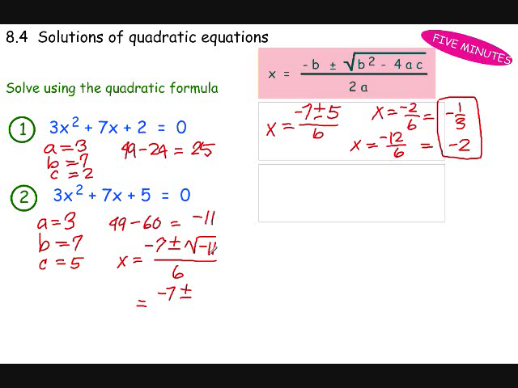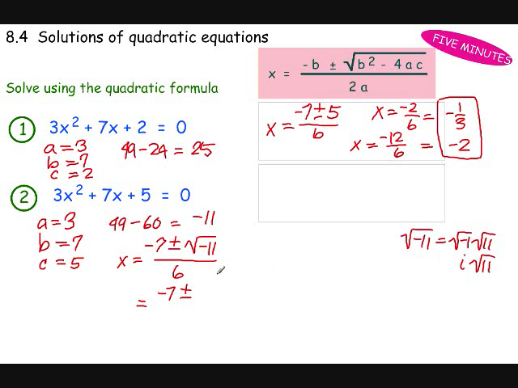We can take this negative 11, let's put it over here for a moment. The square root of negative 11 can be written as the square root of negative 1 times the square root of 11. True? And we have defined the square root of negative 1 as i.